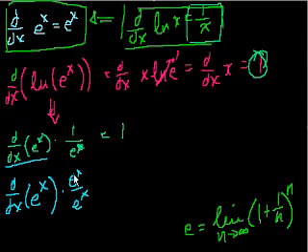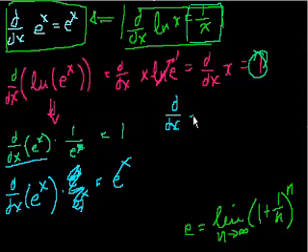I just chose to put the e to the x on this term. It is equal to e to the x. This is 1, so scratch it out. We're done. That might not have been completely satisfying for you, but it works. The derivative of e to the x is equal to e to the x.